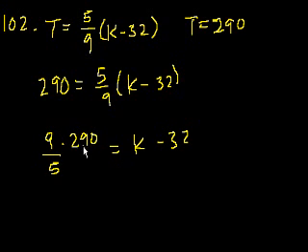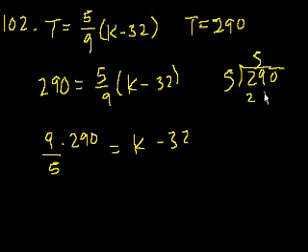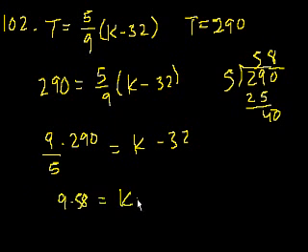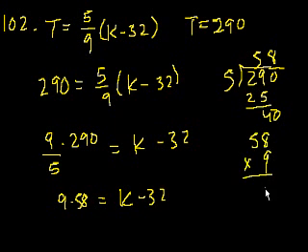So what's 290 divided by 5? See, 5 goes into 29 5 times, 25, 40, 8 times, so 58. So it's 9 times 58 is equal to k minus 32. See, 58 times 9. 8 times 9 is 72. 5 times 9 is 45, plus 7 is 52. 522.